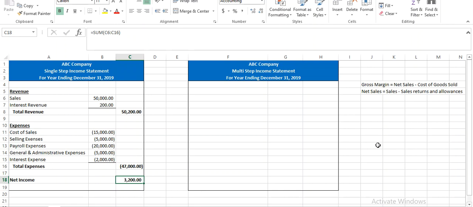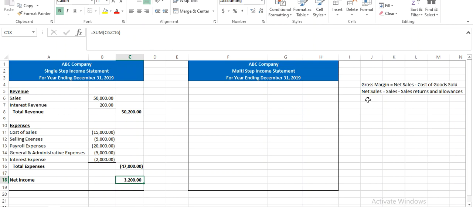Similar to how we have a gross margin, nothing was taken out of the margin of the company, which is why it's gross. But as soon as something is taken out of it, then it's considered to be net margin. So there's gross and there's net. Gross means that there's nothing taken out of it to get to that number. Net means that there was something taken out of it to get to the figure that you have.